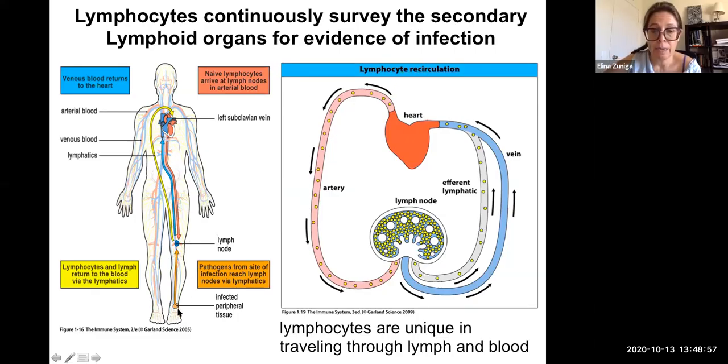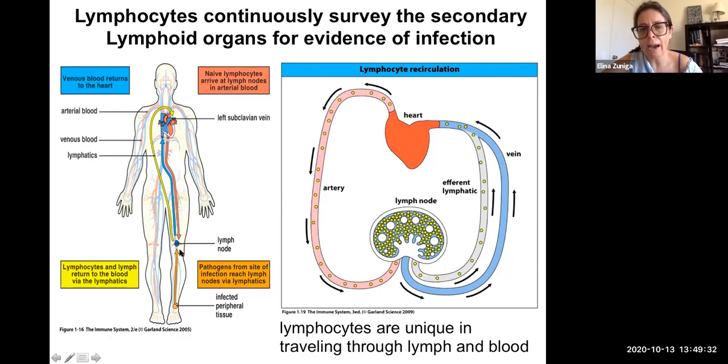In the meantime, the lymph, we said, is carrying antigen from the tissue. And so if we have an infection, for example, in a peripheral tissue, the lymph will carry the antigens from this infection into the closer secondary lymphoid organ, okay? And so now the lymphocytes, the naive lymphocytes, are recirculating in these lymph nodes, and the lymph is carrying antigens to this lymph node.